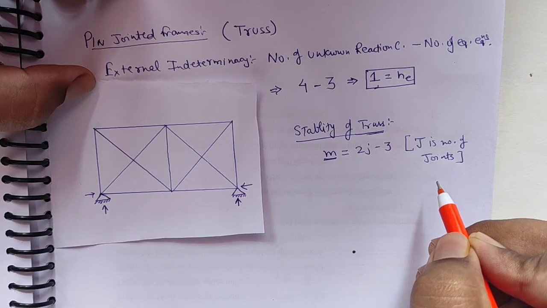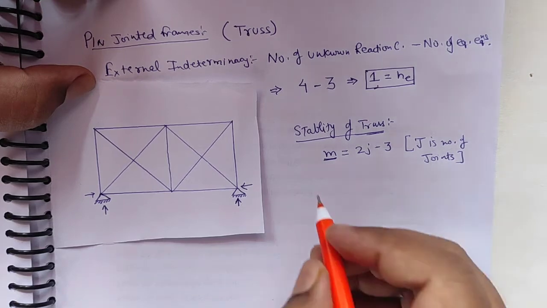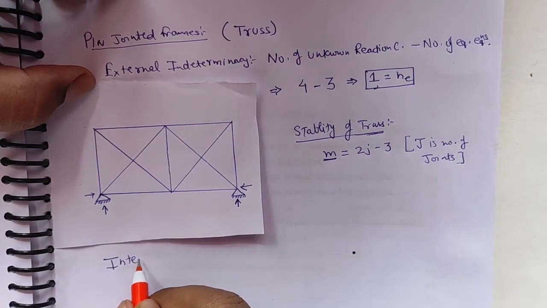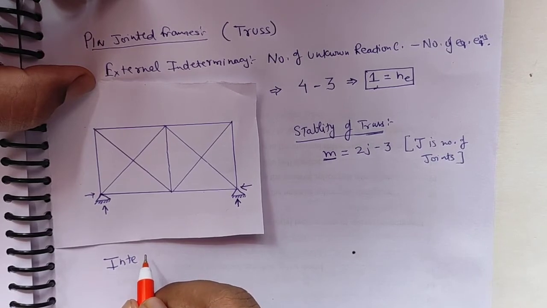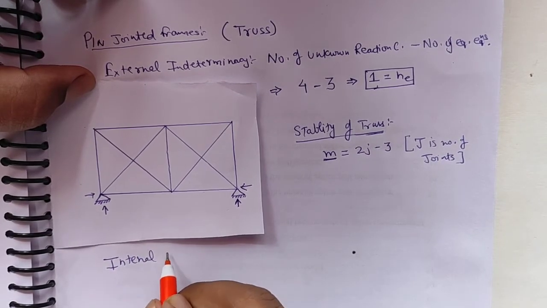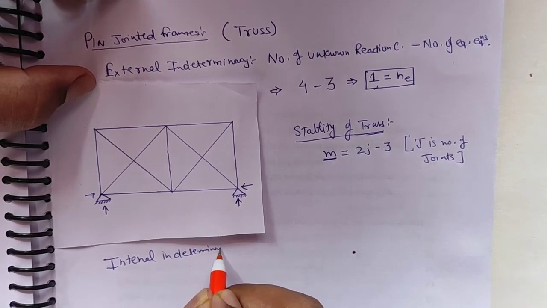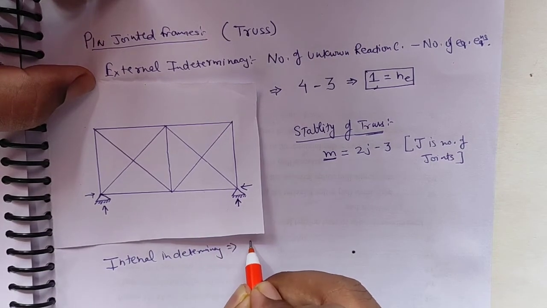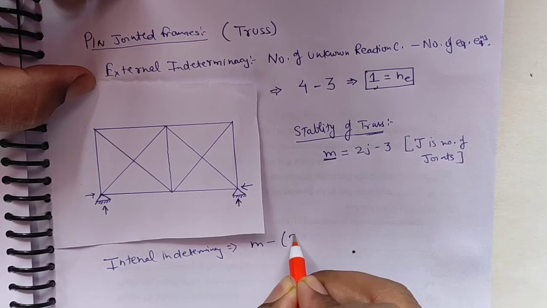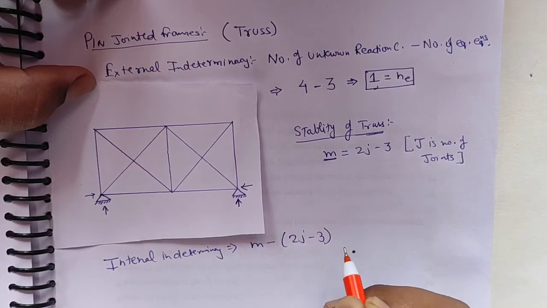After this analysis, I can find the internal indeterminacy by the formula m minus (2j minus 3).